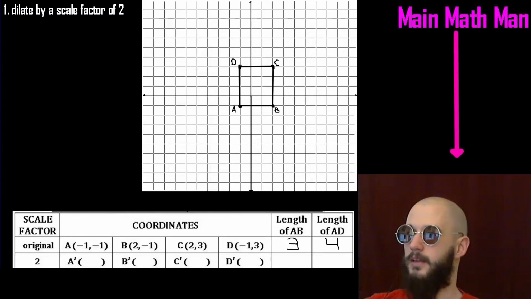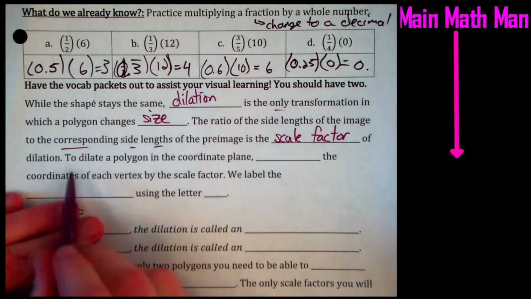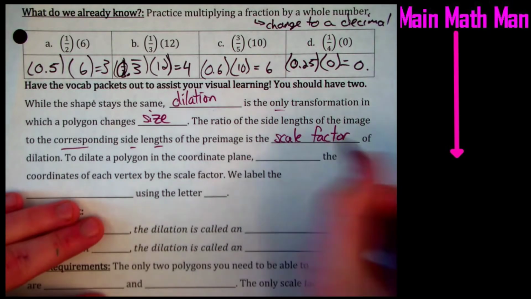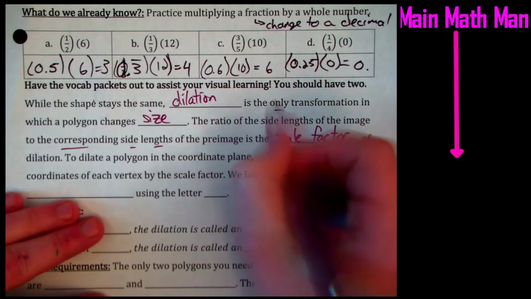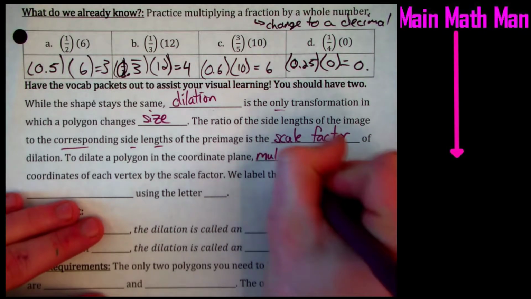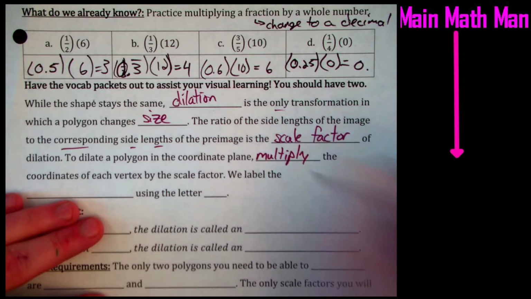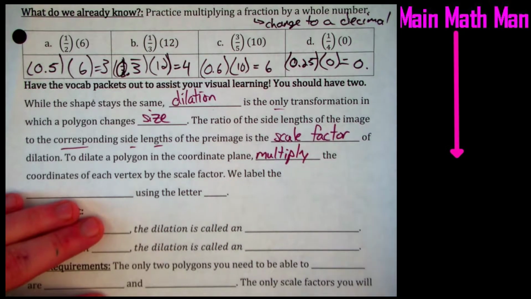So now, how do we dilate? Well, luckily for us, I already told you. So to dilate a polygon in the coordinate plane, again that's that x and y axis that we have, you simply multiply the coordinates of each vertex by the scale factor.